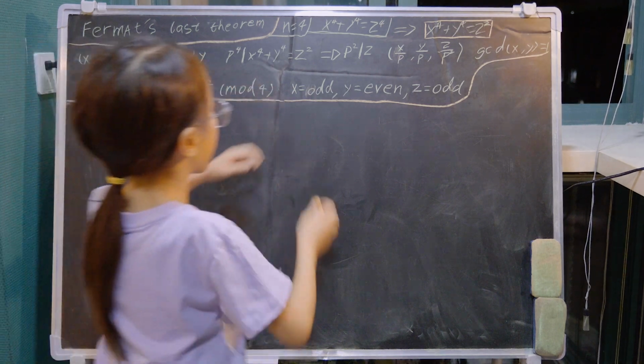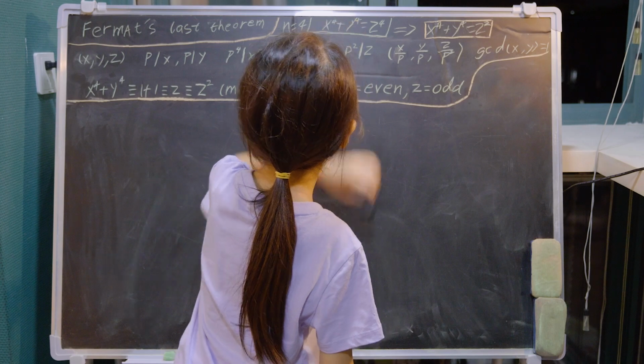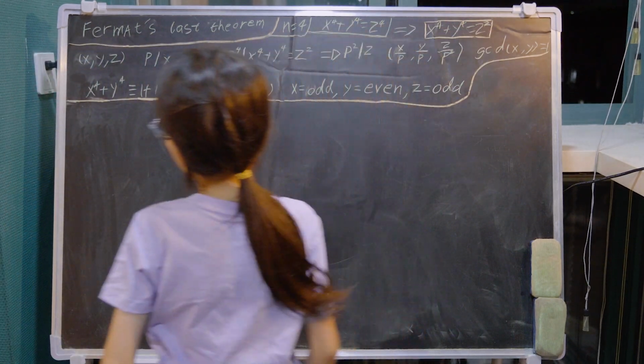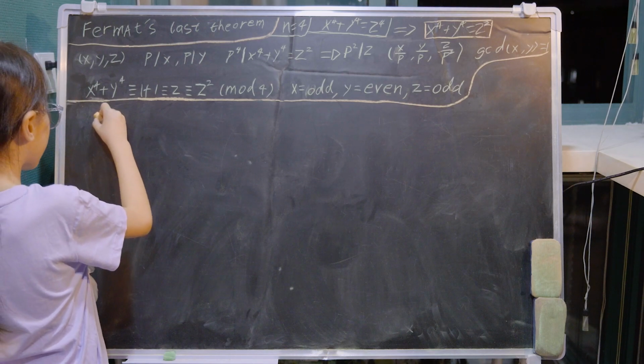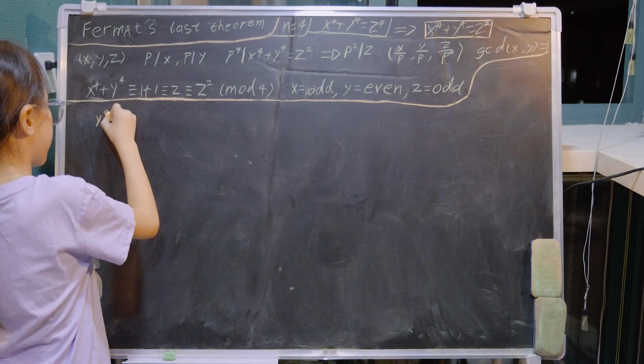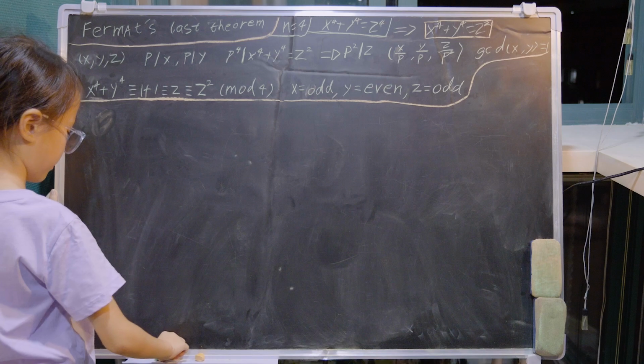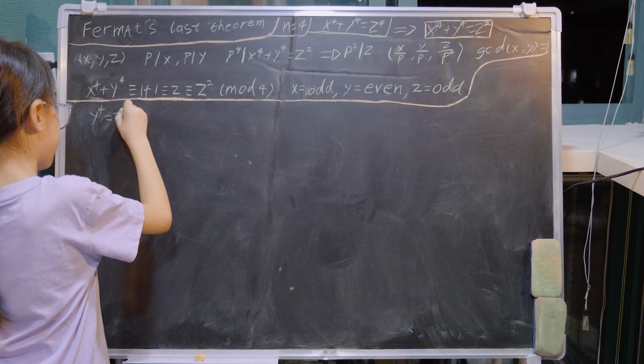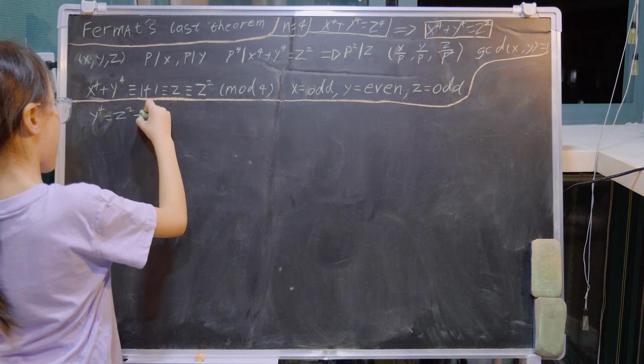First, we can move the x to the fourth to the right. So y to the 4 is equal to z squared minus x to the 4.